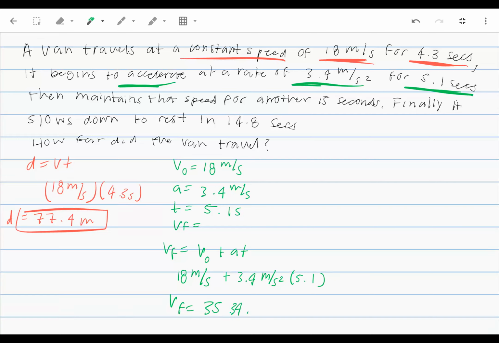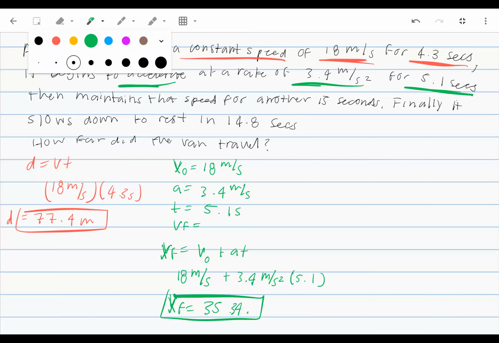So keep in mind, excuse that, that is not our final velocity. That is another distance we're looking for. These should all be x's. So this would be another distance you found for the acceleration. Sorry about that, I wasn't talking about velocity, it was distance. With a total of 5.1 seconds with acceleration of 3.4, you'll get a distance of 35.34.